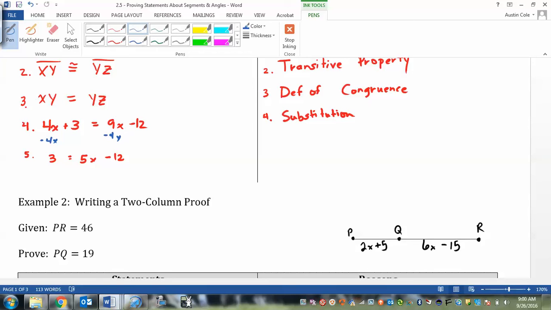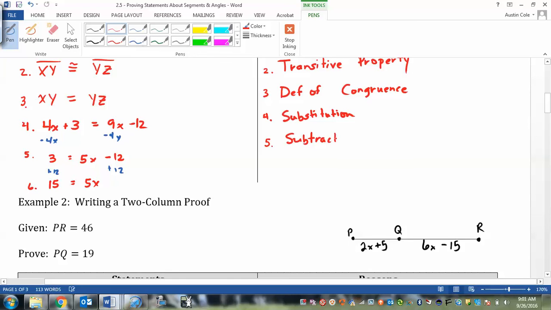Then from here, Dean, what should we do? Add 12. Great, I'm going to add 12 to both sides. So step 6, I'm going to get 15 equals 5x. Oh, I forgot my reason for step 5, didn't I? How did I get from 4 to 5? Yeah, subtraction. That's my fault. Sometimes I get a little ahead of myself.